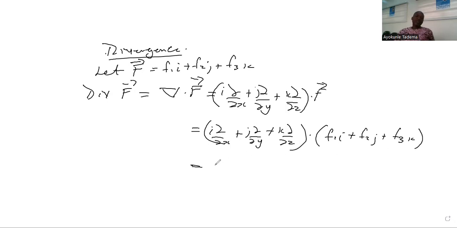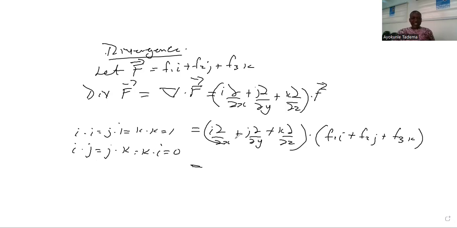Now you multiply. But remember that i dot i equals j dot j equals k dot k, everything equals 1. But anytime you have i multiplied by j, j by k, and k by i, everything equals 0.